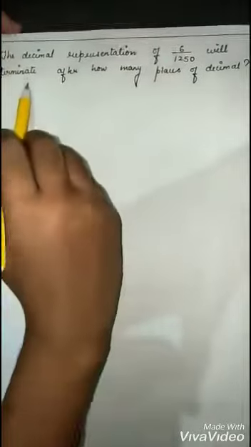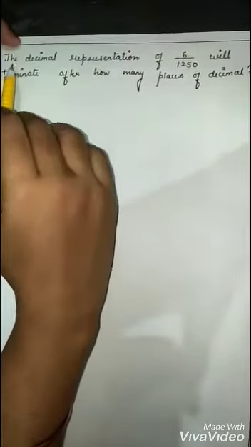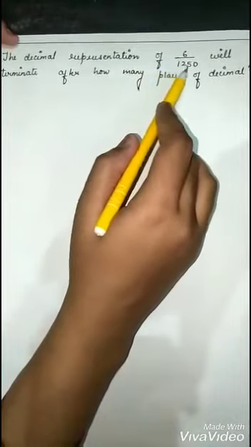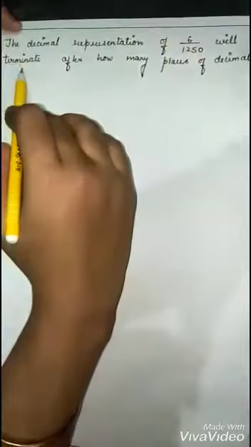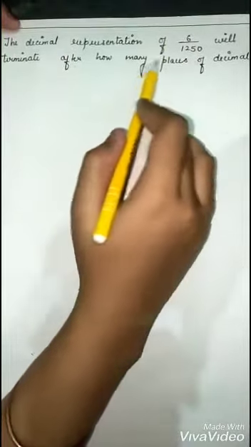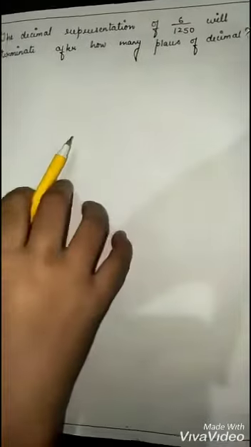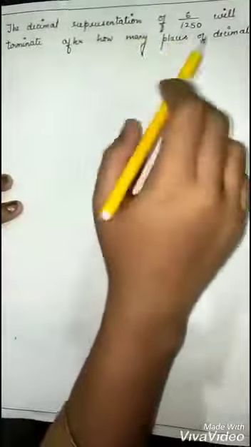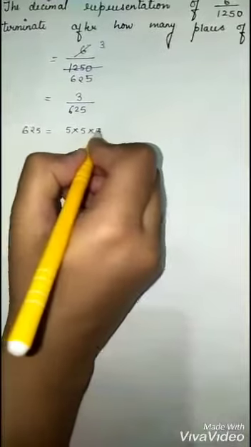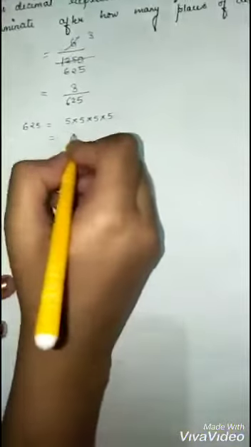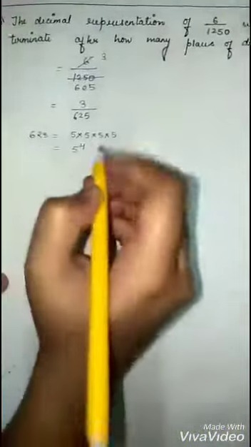In question number 3, the third question is, the decimal representation of 6/1250 will terminate after how many places of decimal? In this question, I'm going to find the factors: 5 into 5 into 5 into 5, and it can be written as 5 to the power 4.